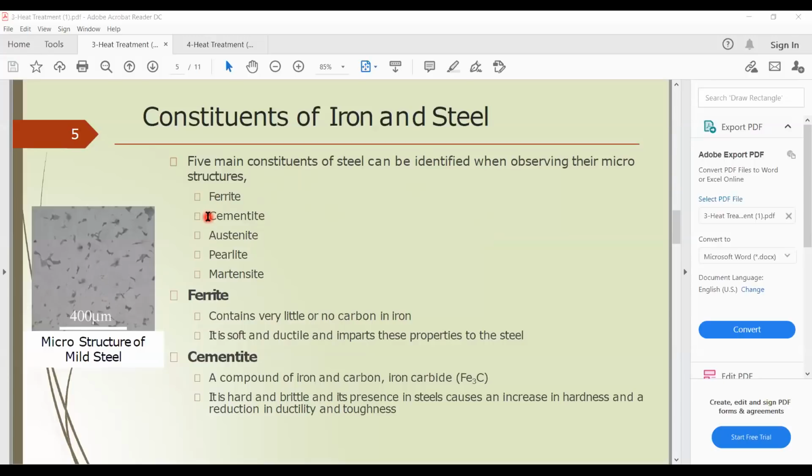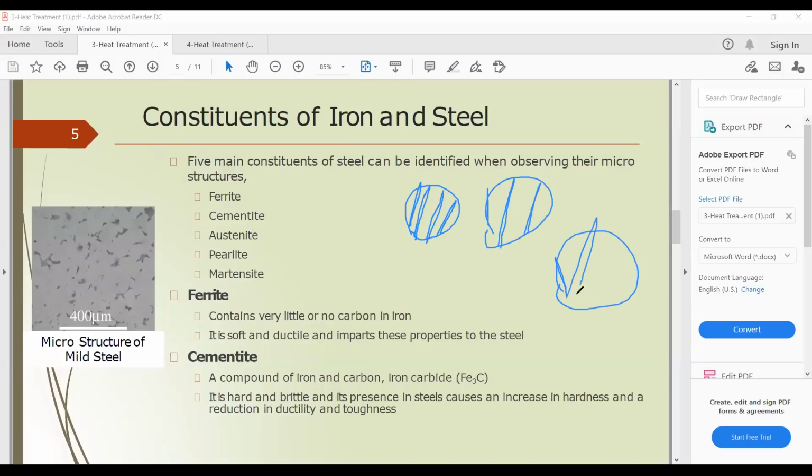How can you classify this? By observing their microstructure, right? It can be like this way, or it can be like this layered form, or it can be a layered form but with a huge gap difference, or it can be a needle-like structure.